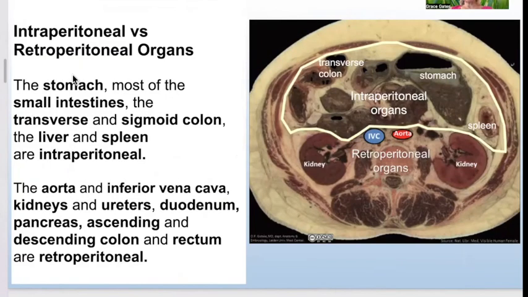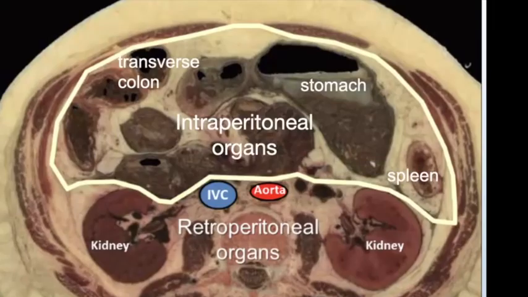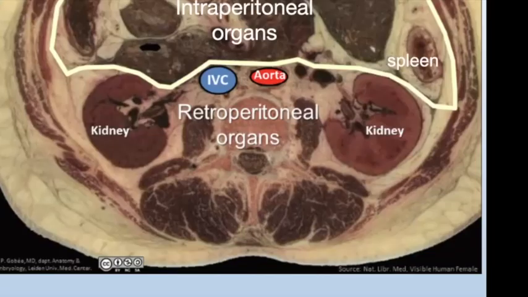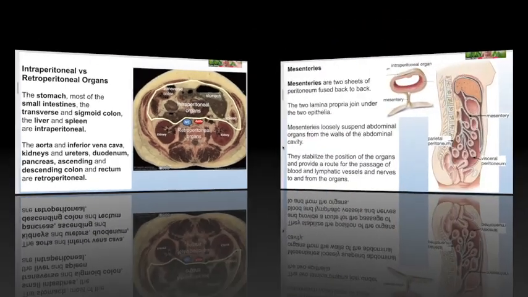The stomach, most of the small intestines, the transverse and sigmoid colon, the liver and spleen are intraperitoneal. The aorta and inferior vena cava, kidneys and ureters, duodenum, pancreas, ascending and descending colon, and rectum are retroperitoneal.